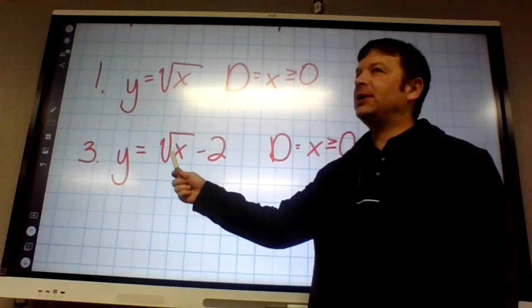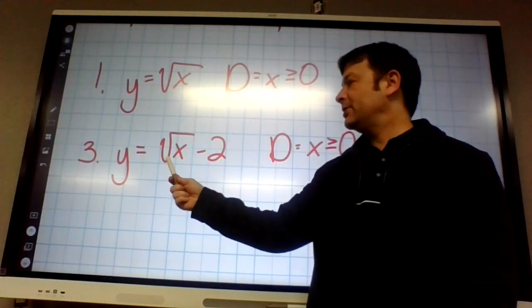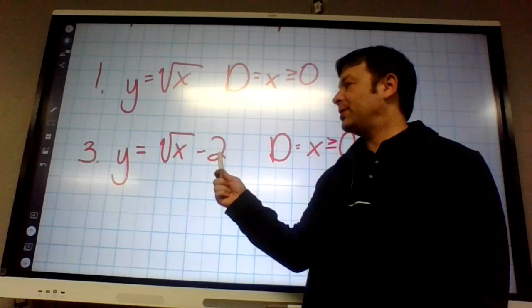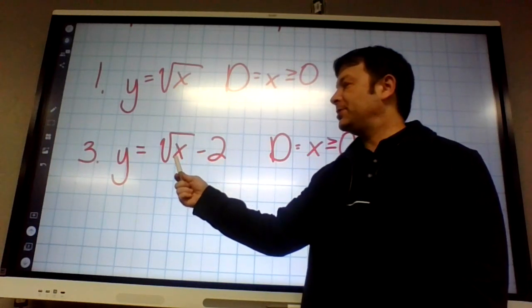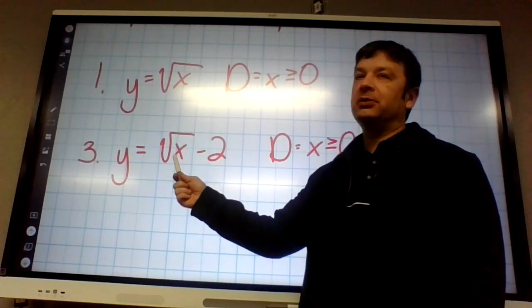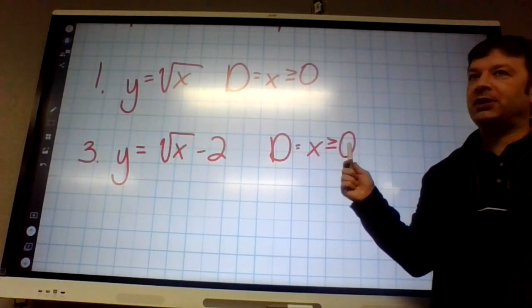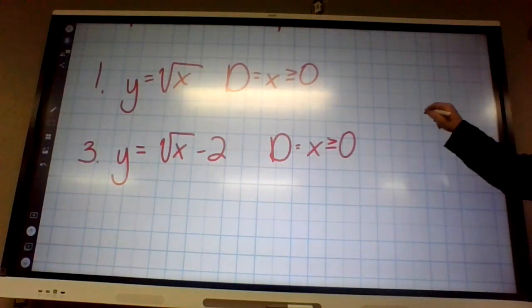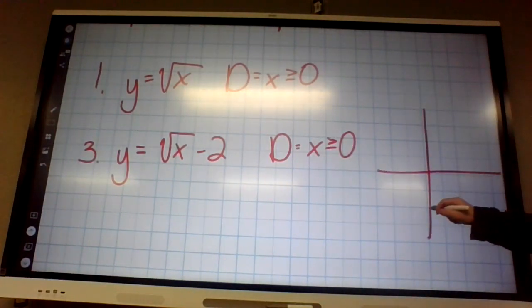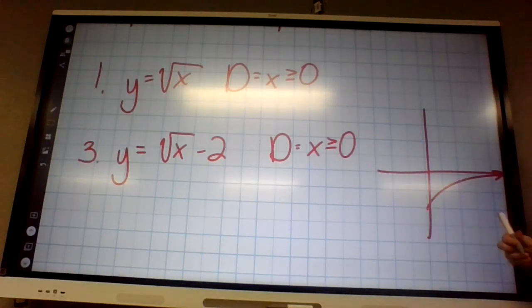This -2 does not affect what's under the radical. This -2 is outside the square root, so we just need to make sure this is 0 or bigger. So the domain did not change. If I graphed it, it would just be down 2, so it would look like that. The domain, the x values, don't change.